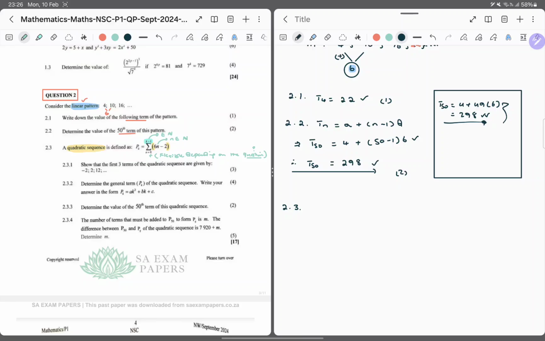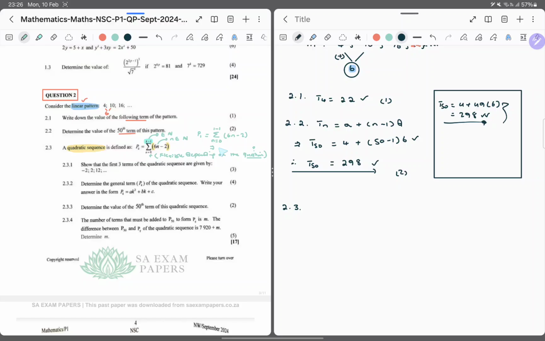Now this brings us to saying, if for example we want P sub 1, meaning the first term, this would mean sigma, because remember the k here is the same k as that one, right? So this is going to be 1 minus 1, starting from n equal to 0 of 6n minus 2.